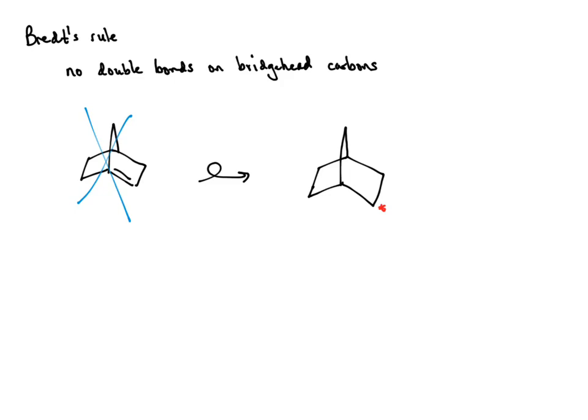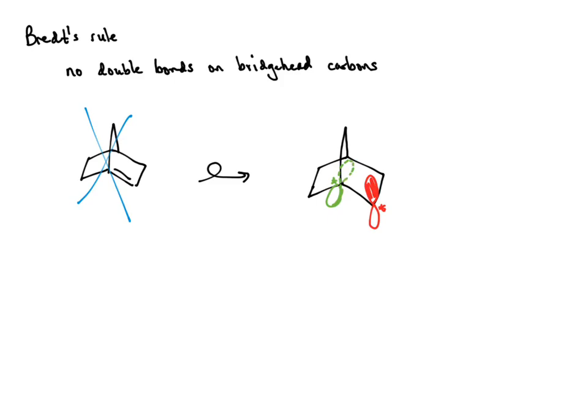The atomic p would lie above and below the plane like this. Now on the bridgehead carbon, this green carbon, we would have another sp2 hybridized atom with 3 sp2 hybridized orbitals plus an atomic p, but this time the atomic p is coming out towards you and then back away from you.